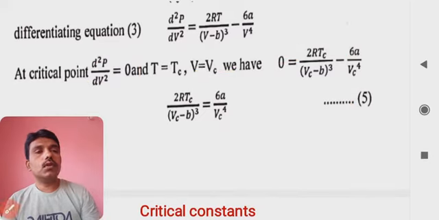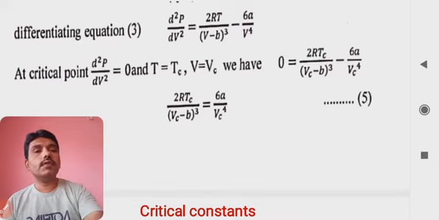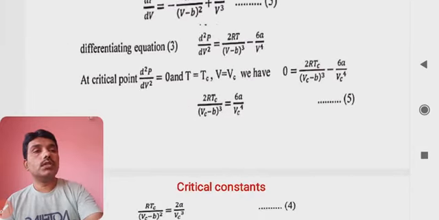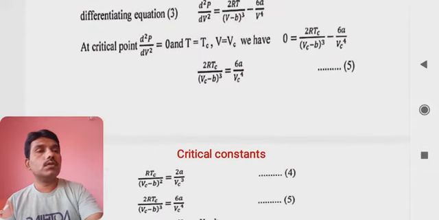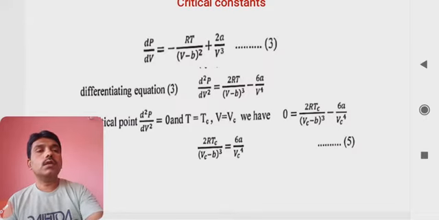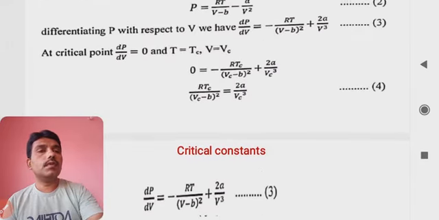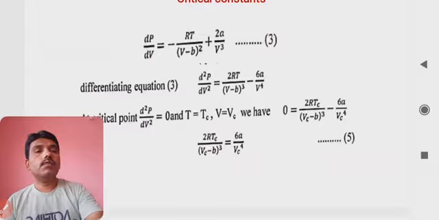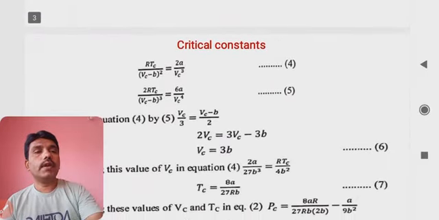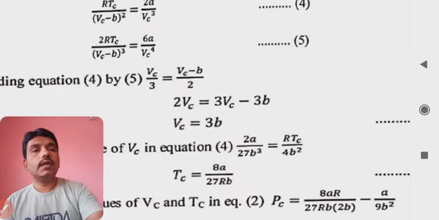So the differentiation of equation number 3 and the double differentiation of the previous one give us two relations, equation number 4 and equation number 5. Now from equations 4 and 5 we get new relations by dividing equation 4 by 5.